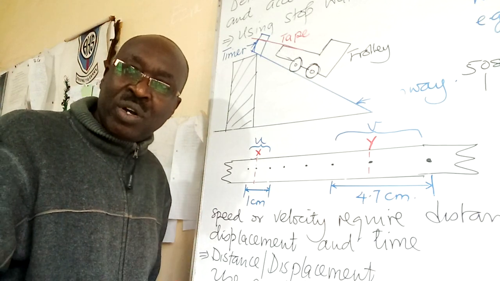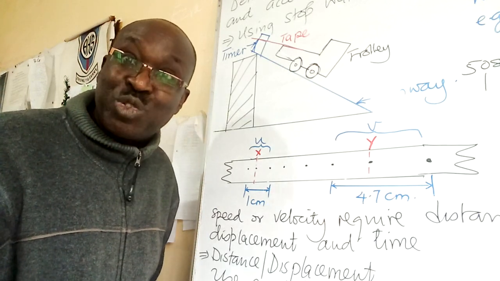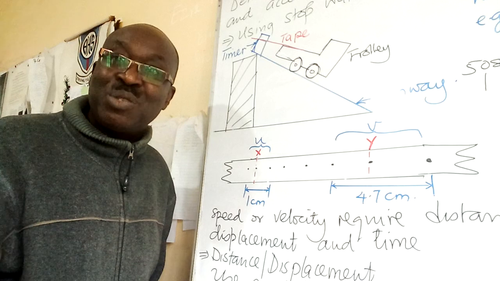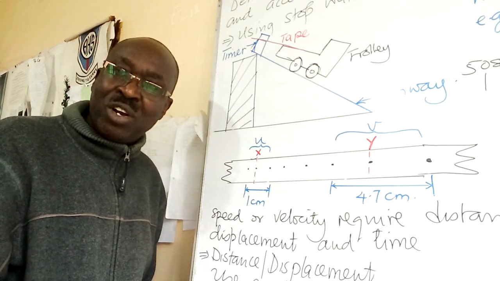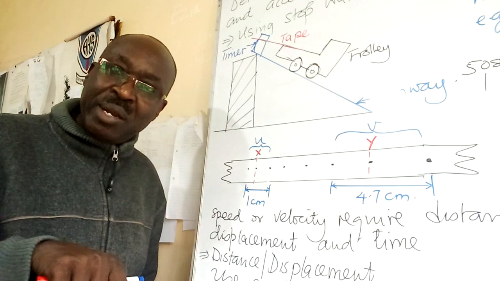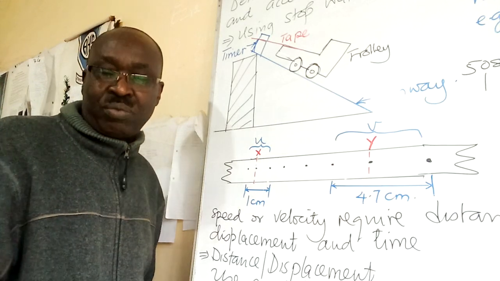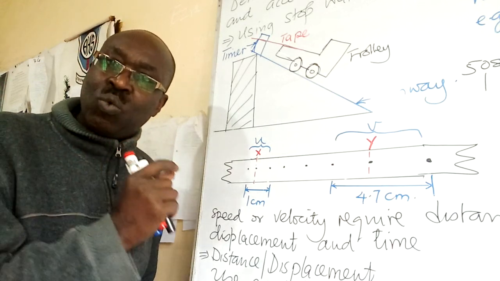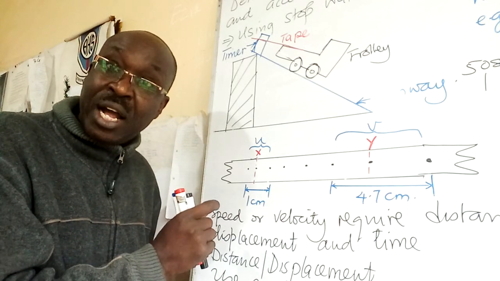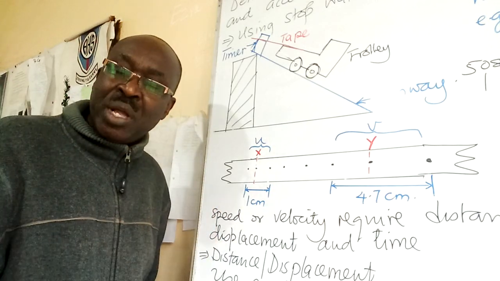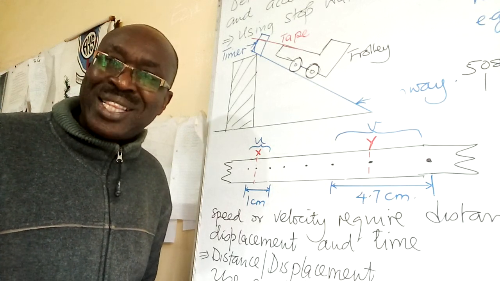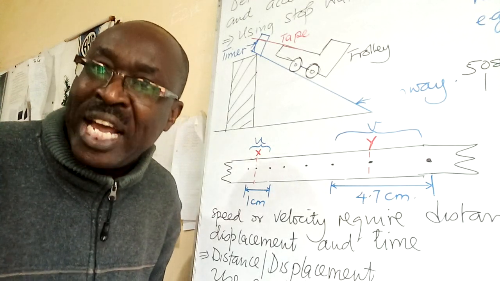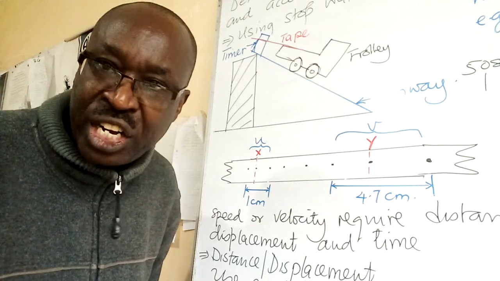And you know, I'm talking basically of speed. Why? Speed is quantified using figures. When I talk of velocity, it is that speed but in a particular direction. So when I talk about what is the speed here, I mean the figure.